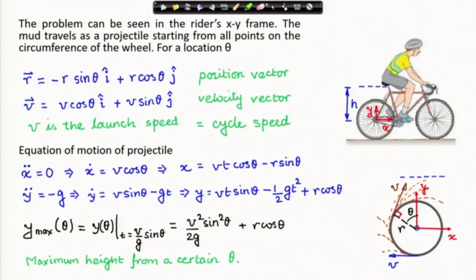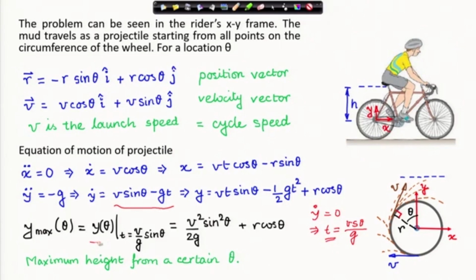To do that, I will find out the time it takes for the vertical velocity to reach 0, that means y dot is 0. At what time is y dot 0? So, y dot is 0 when time is v sin theta by g, which you can see from here. So, this is the time required to reach the maximum height.